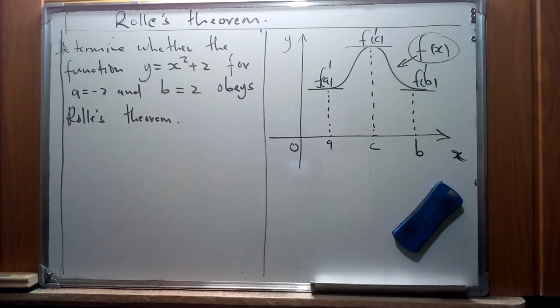Just to mention, Rolle's theorem, which we have illustrated as a special case of Lagrange's mean value theorem, developed over time. The theorem was advanced by Joseph Louis Lagrange, and that is where the definition of the mean value theorem came from.